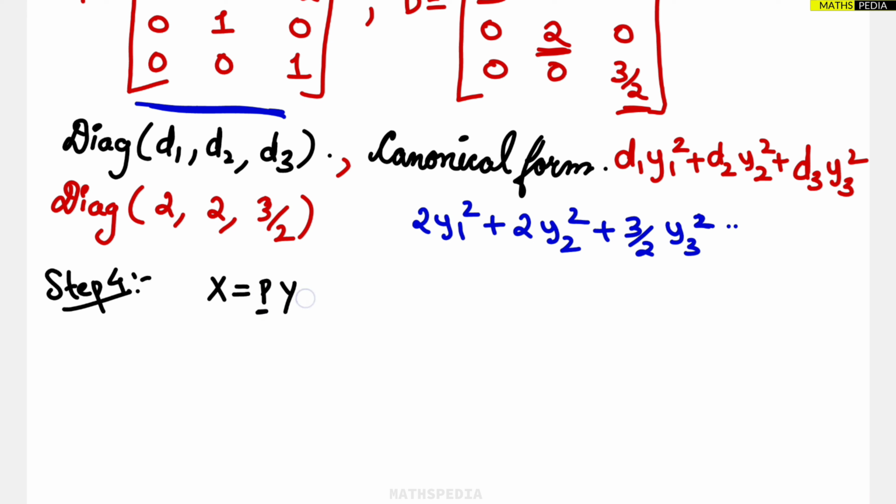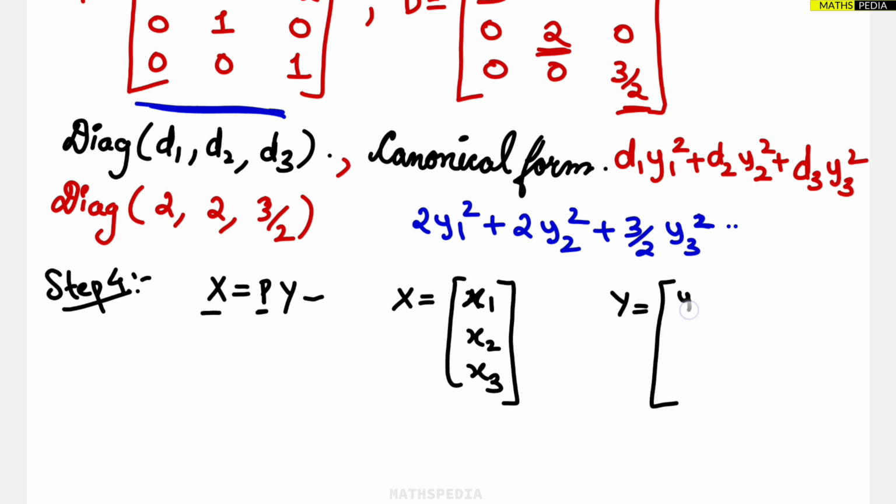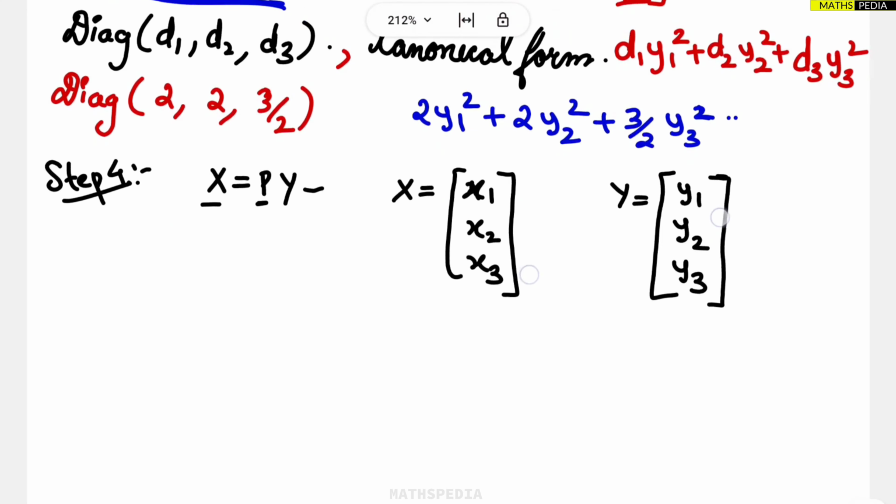P is there, Y is there, X is there. Now X will be the column matrix x1, x2, x3, and Y will be the column matrix again, involving y1, y2, y3.